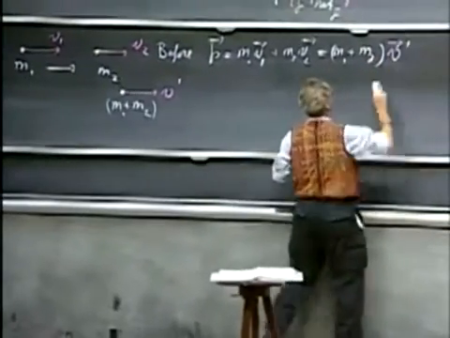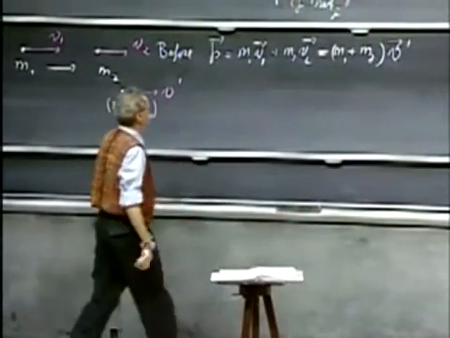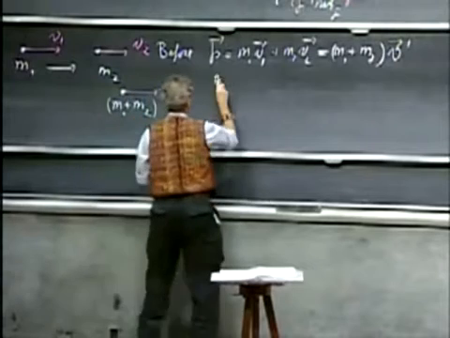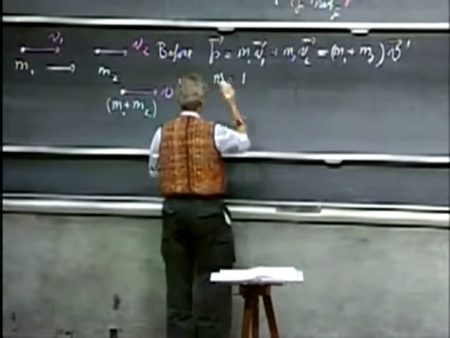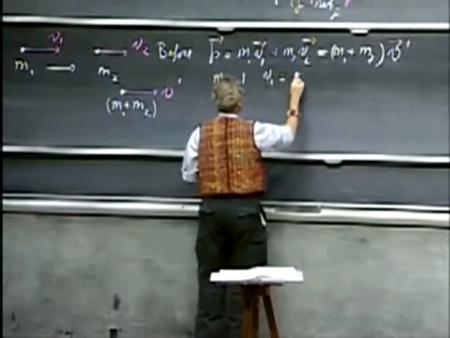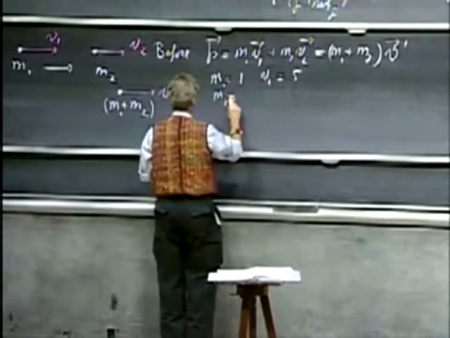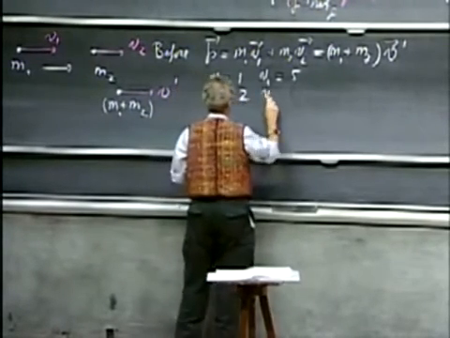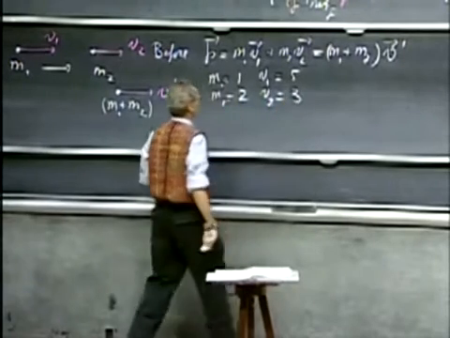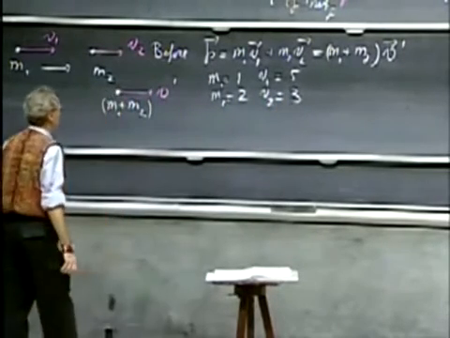So this equals (m1 plus m2) v prime. If we put in some numbers, suppose m1 equals 1 kilogram and v1 is 5 meters per second. Let m2 be 2 kilograms, and let v2 be 3 meters per second.